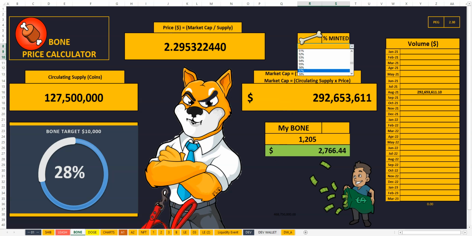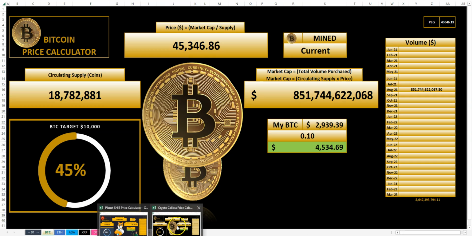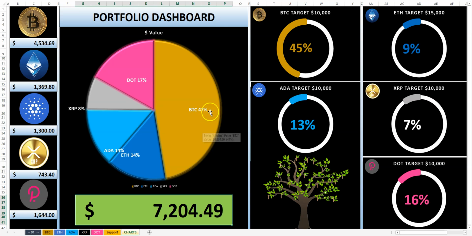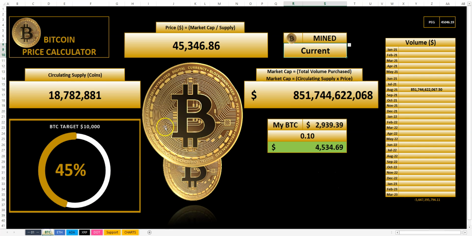So you guys are familiar with that, but what I've never shown you is my mainstream crypto calculators, and what they can do. This here is my Bitcoin calculator, which is part of my mainstream portfolio, and today I'm going to be focusing mostly on the Bitcoin calculator and its capabilities.